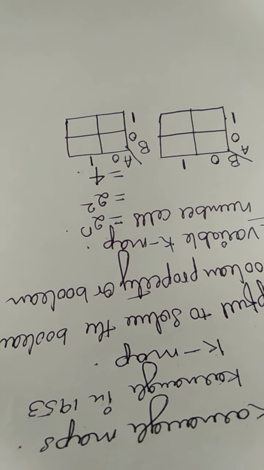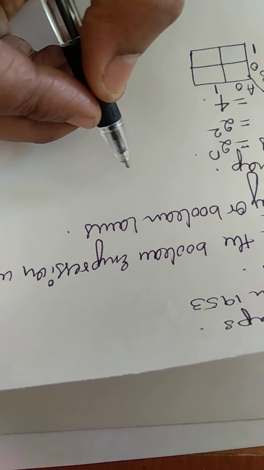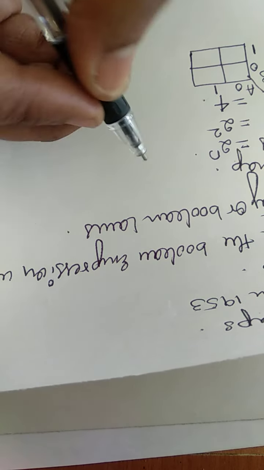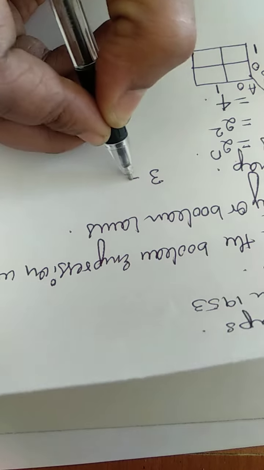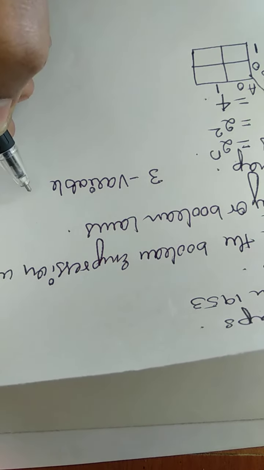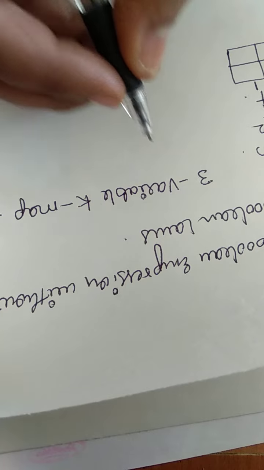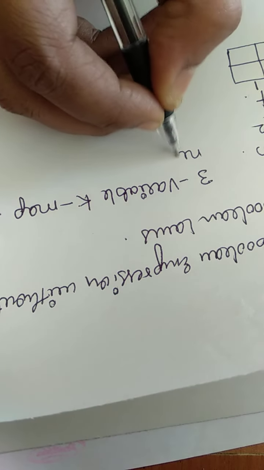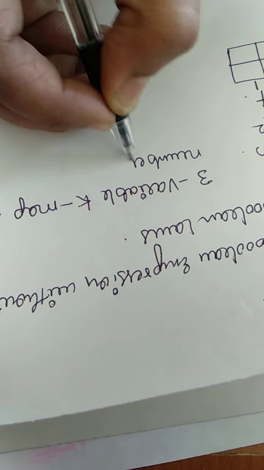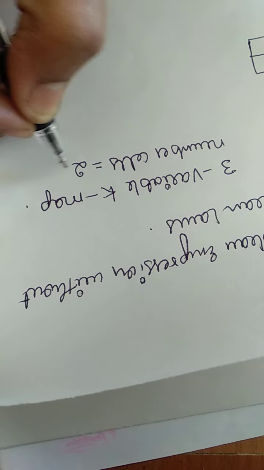Then for the 3 variable K-map, we'll see how the 3 variable K-map can be designed. Now the number of cells is equal to 2 raised to n.